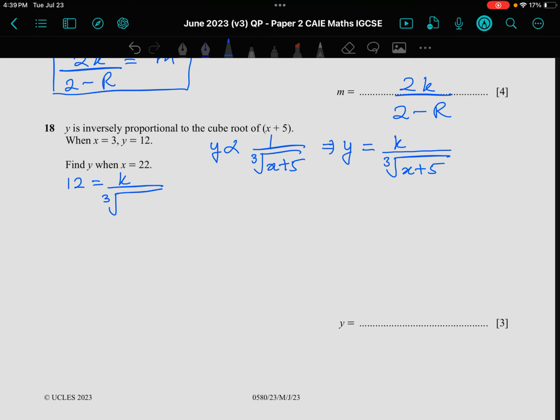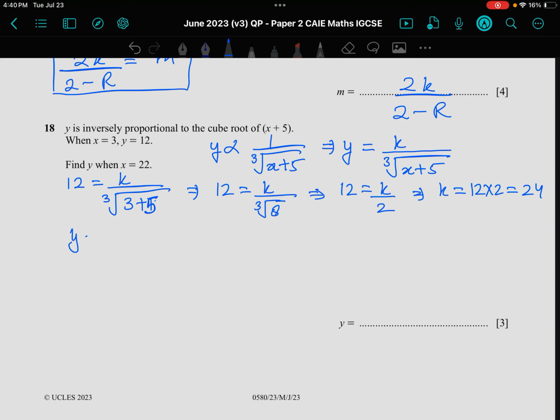What is the value of x? 3 plus 5. So it implies 12 is equal to k upon cube root of 3 plus 5, which is 8. What is the cube root of 8? It is 2. It implies 12 is equal to k upon 2. It implies k is equal to 12 into 2, which gives me 24. The value of k comes out as 24.